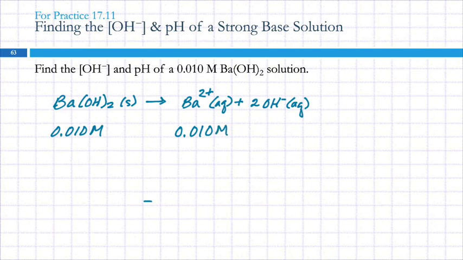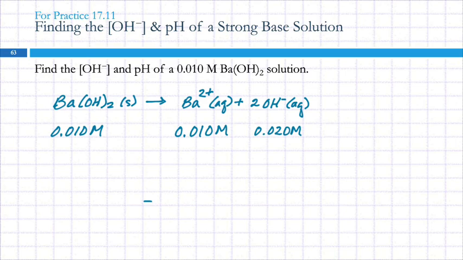Yeah, 2 times that, right? You can think of this as being a bicycle, where the barium is the frame of the bicycle and the hydroxides are the wheels. When you take the bicycle apart, you have 1 frame and 2 wheels, right? You have twice as many wheels as you had bicycles. So that's how these work.